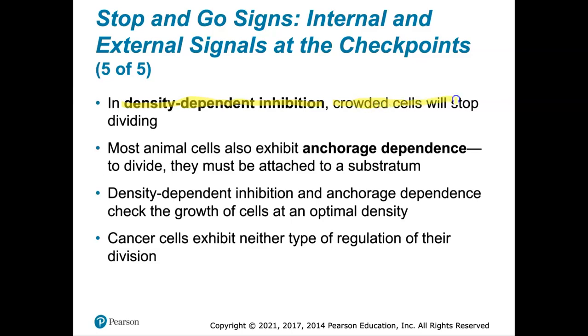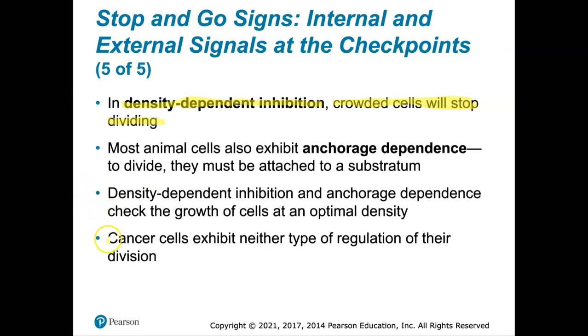High density means crowded. So cells that are very crowded and touching each other will stop dividing due to that. It's called density-dependent inhibition. Now, normal cells have it, but cancer cells do not.